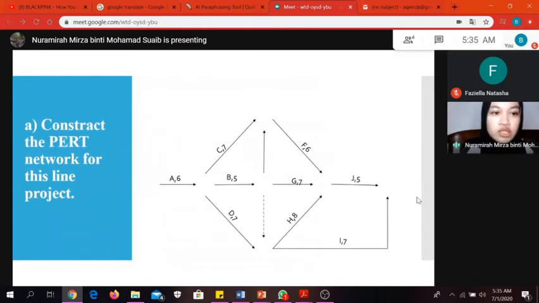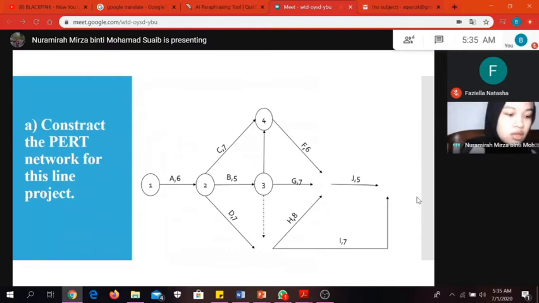Okay, first question. Construct the PERT network for this project. For note 1, activity A has no predecessors and is performed concurrently. Next, activities B, C, and D can start after activity A has been completed. Then activity E can start after activities B, C, D are completed.